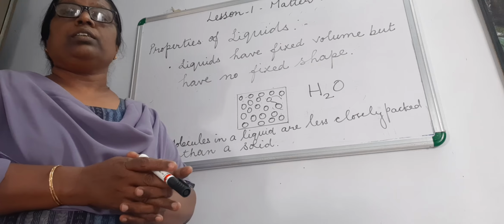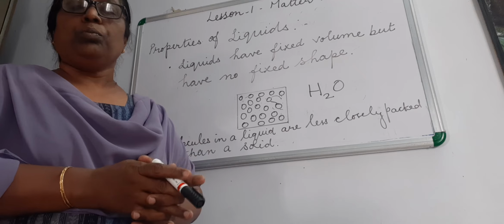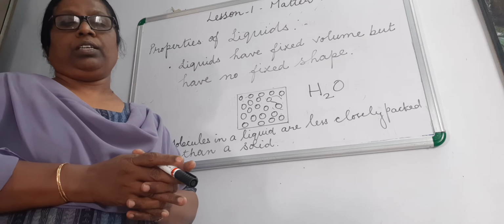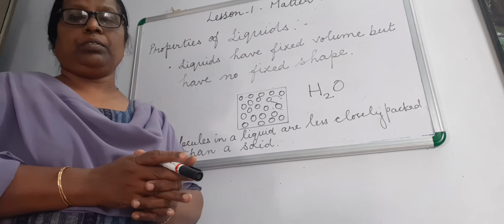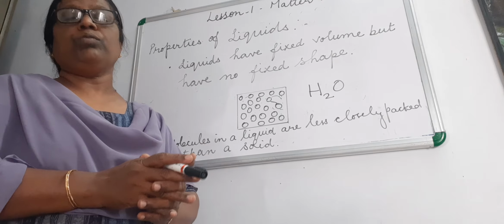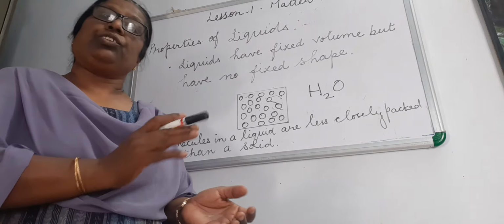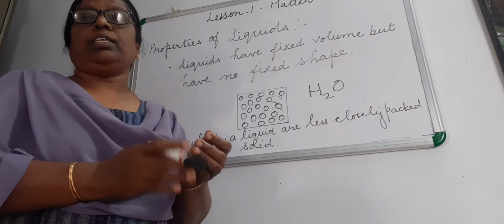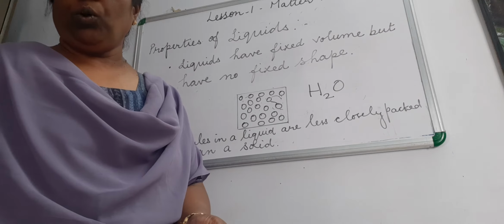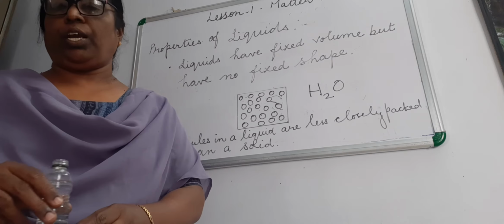And water at room temperature is in a liquid state. It has fixed volume but does not have a definite shape. It can flow easily and it changes its shape from container to container. Whichever container it is poured into, it takes the shape of it.